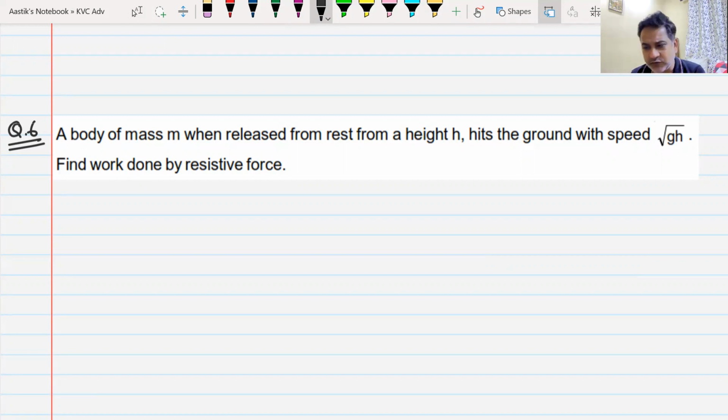It should have hit the ground with root over 2gh, no? Yes, sir. That means there is some other force acting on this body. Find the work done by the resistive force. So there is some other force acting on the body, and you have to find the work done by that resistive force. I'll give you 2 minutes to do this.